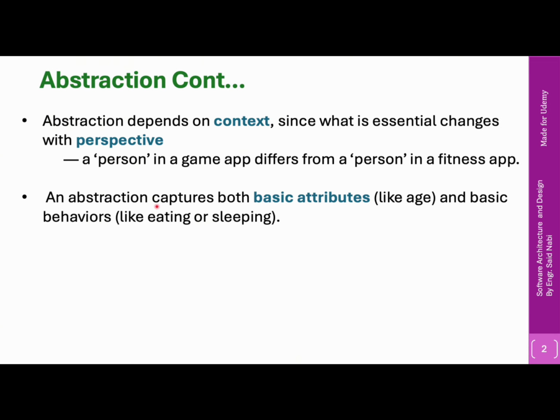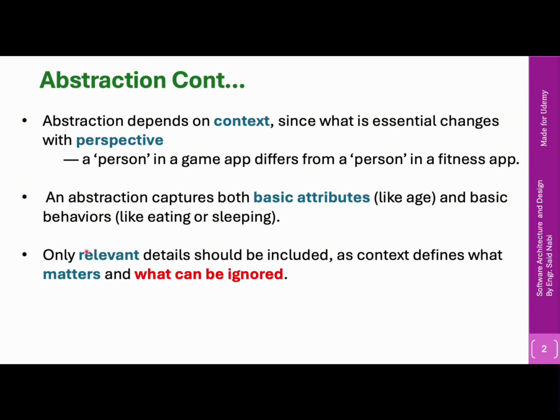An abstraction captures both basic attributes like age, breed, and weight for a cat, and basic behaviors like eating or sleeping, and maybe sounding like meow meow for a cat. Only relevant details should be included, as context defines what matters and what can be ignored.